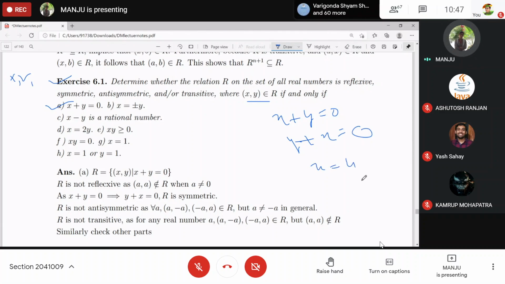Does this imply x is equal to y? No, right? So, is it antisymmetric or not? No, not antisymmetric.